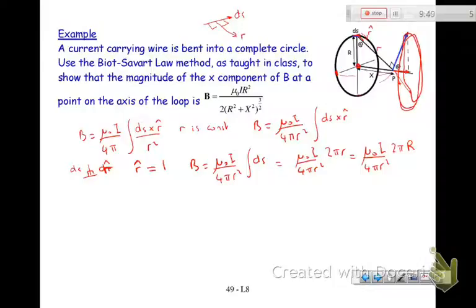Now it gets a little bit interesting, because this r here is not the same as that r there. I kind of cheated a bit. I should have done that, because this r there is that, and that r there is that. Okay. So B is equal to mu naught I over 4 pi.